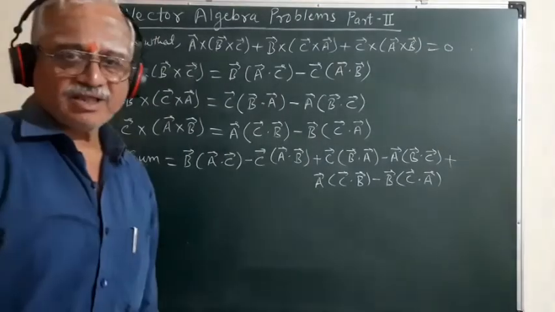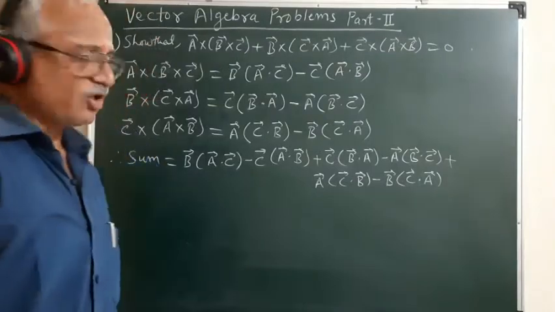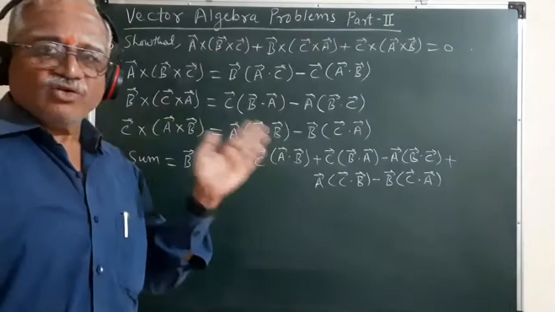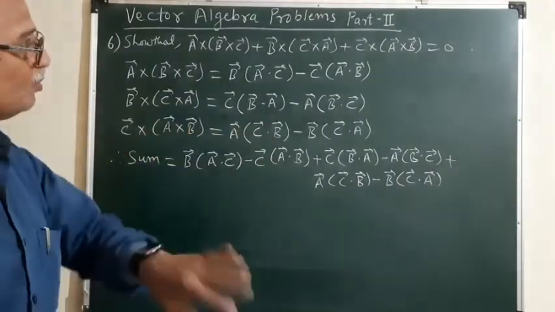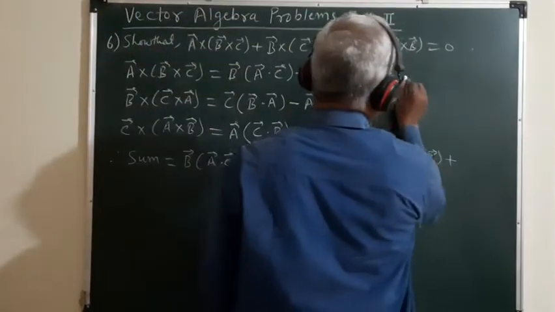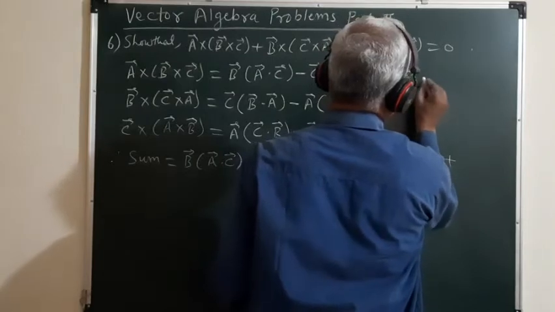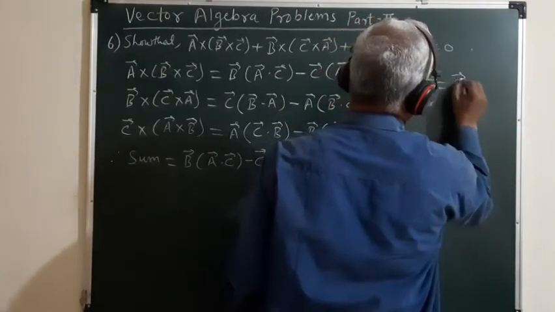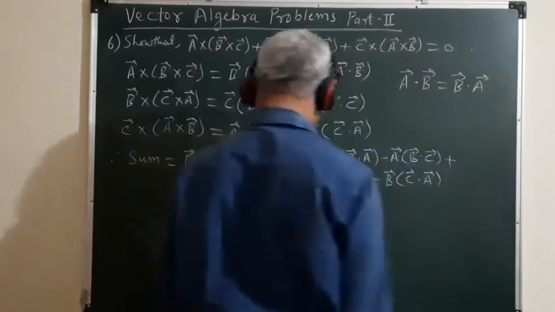While studying the properties of the scalar product, or the dot product, we have seen that a bar dot b bar is equal to b bar dot a bar. So we have this identity that a bar dot b bar is equal to b bar dot a bar.